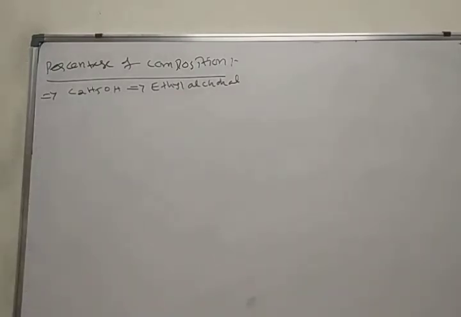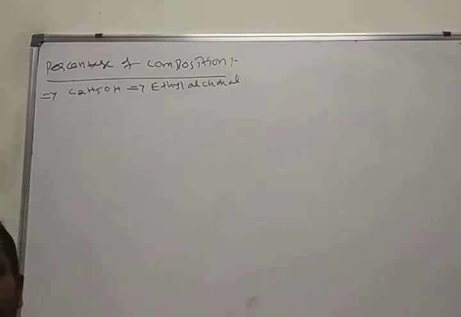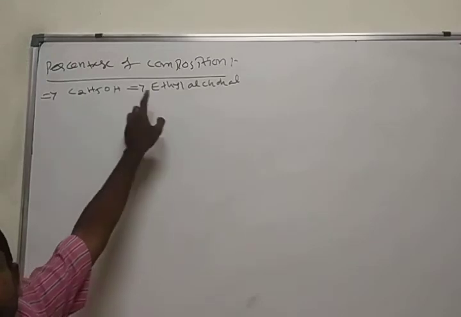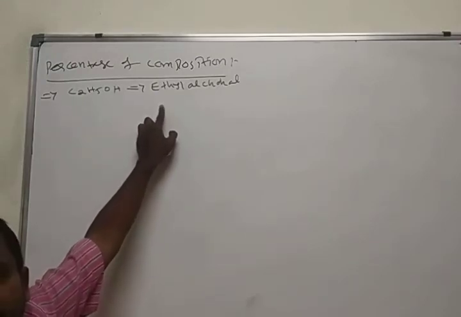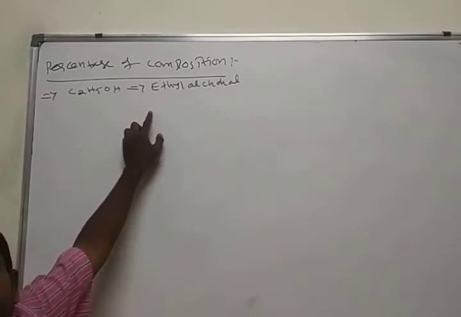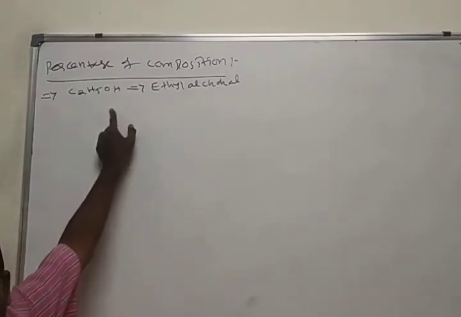From the examination point of view, they do not give the formula, they give only the name. We calculate the percentage of composition of different atoms in ethyl alcohol. That means you should remember the formula. What is the formula of ethyl alcohol?